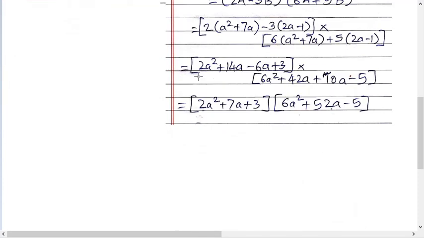Solve this. It becomes 2a square plus 14a minus 6a plus 3, into 6a square plus 42a plus 10a minus 5. Then solve it again. 2a square plus 8a plus 3 into 6a square plus 52a minus 5. So these are the two factors.